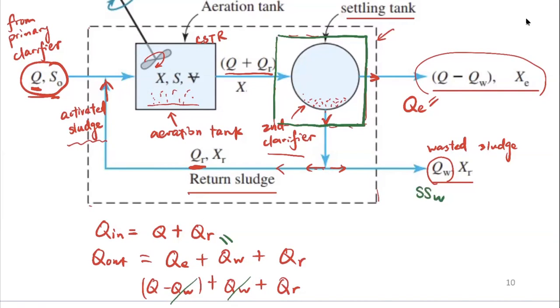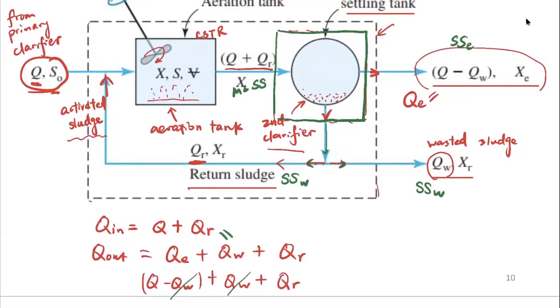The return sludge is going to have the same suspended solid concentration as the wasted sludge, because they are split from the same flow here, okay? And if we define the suspended solid concentration here as SSE, which is the effluent suspended solids, and further define the concentration of the suspended solids in the mixed liquor as MLSS, right?